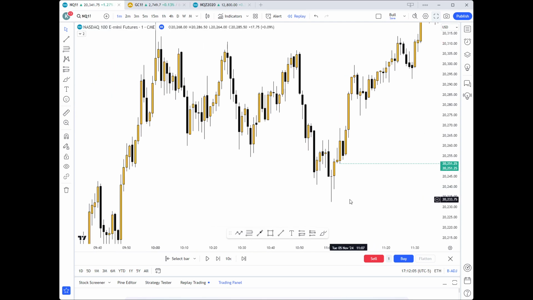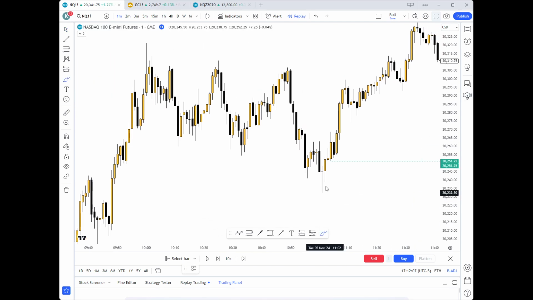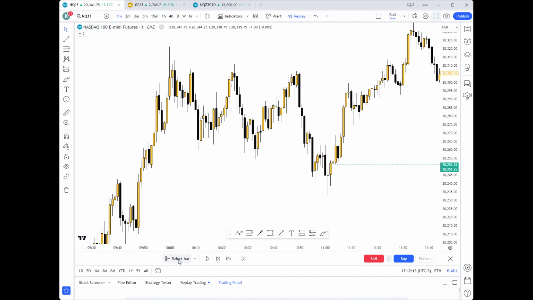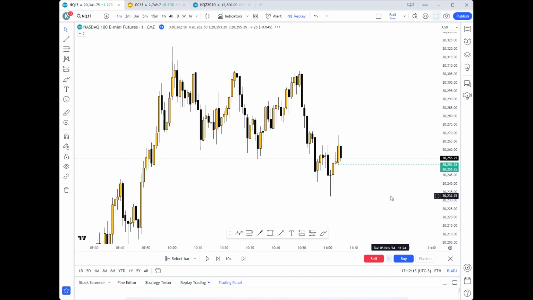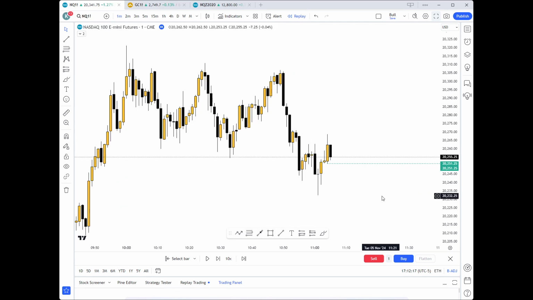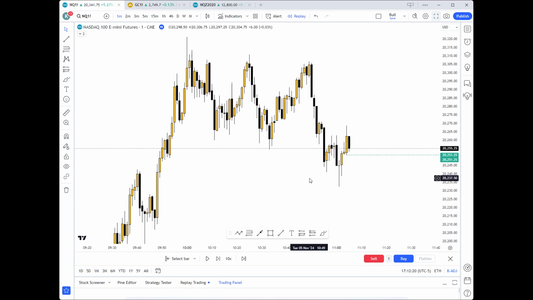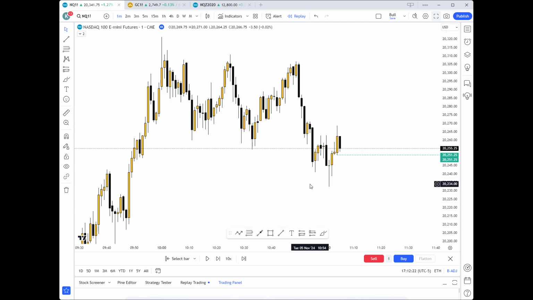And you're going, you guys are short in here? You're short here? Oh man. Thank you for shorting there. I appreciate your contributions to my accounts.